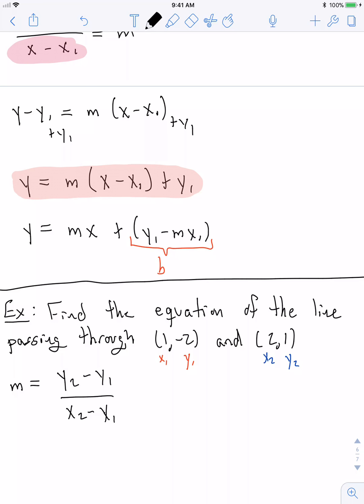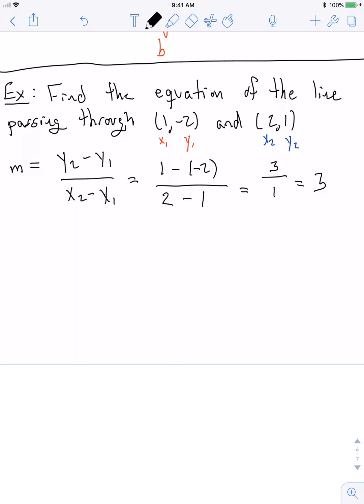And now all we have to do is plug it in. y2 is 1, so 1 minus negative 2 divided by 2 minus 1, x2 minus x1. And this is equal to 3 divided by 1, which is simply 3.